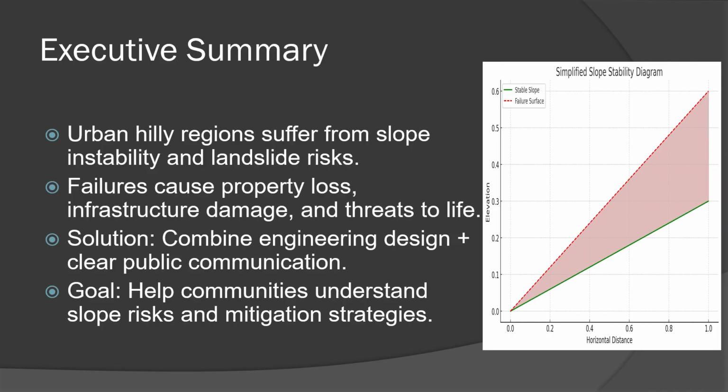But this red dashed line represents a failure surface. That shaded red area is the soil that is likely to slide if we don't intervene. So my argument today is that we need to combine hard engineering with clear communication so communities actually understand what the red zone means before it's too late.